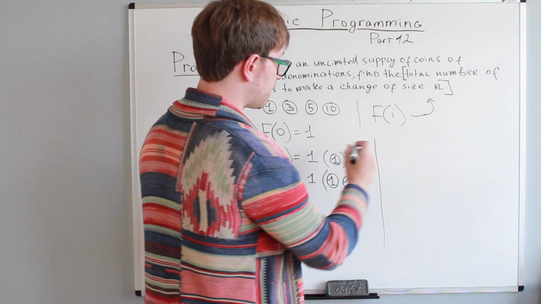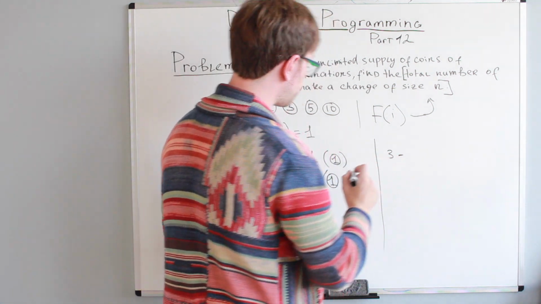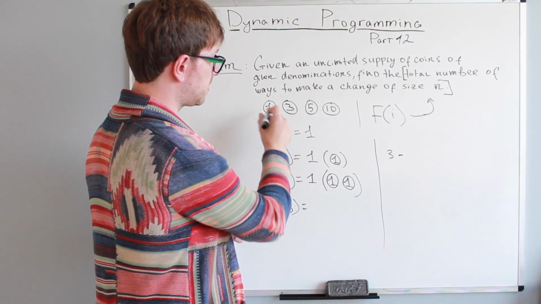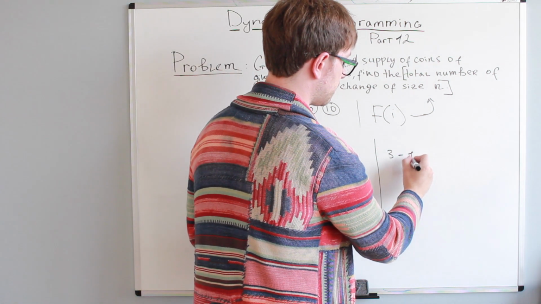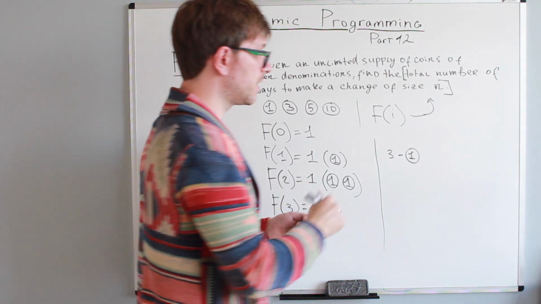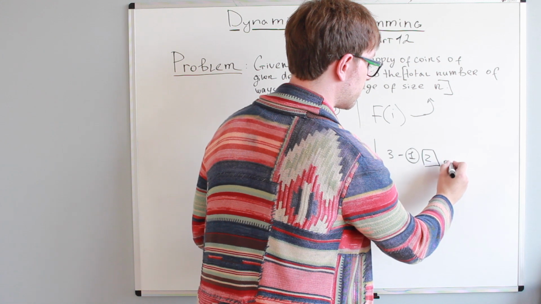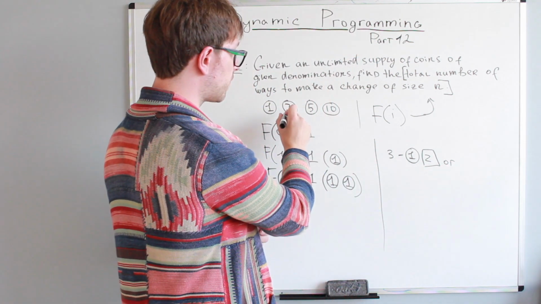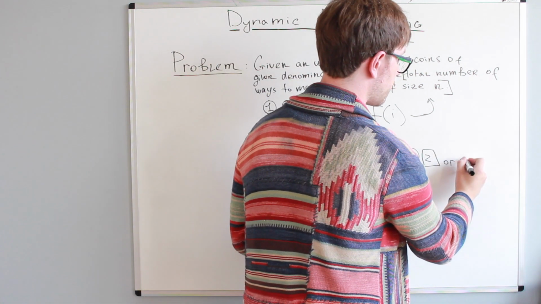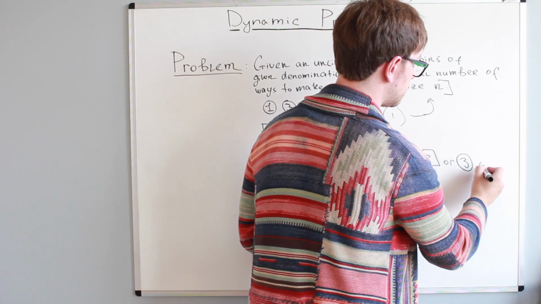So f of 3, we have the first way to solve this is to use 1 cent first, and then we would still have to return 2 cents, right? Or we could start from 3 cents, we would return 3 cents, and then we would have to return 0 cents.